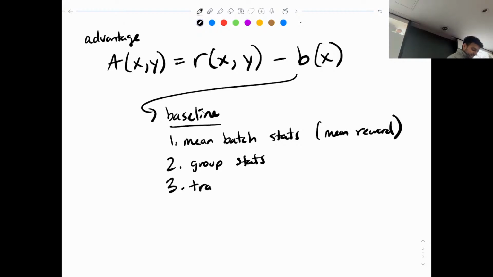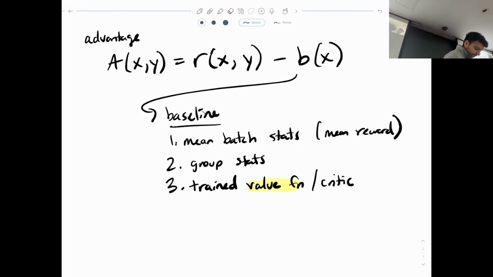All right, and finally, what used to be the dominant approach and now is still used today is what's called a trained value function, also called a critic. And so the idea here is that you train a separate model to, given the particular prompt, predict what the model's average reward is going to be on that prompt.